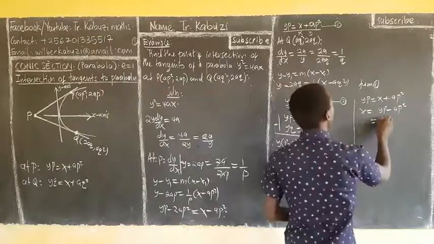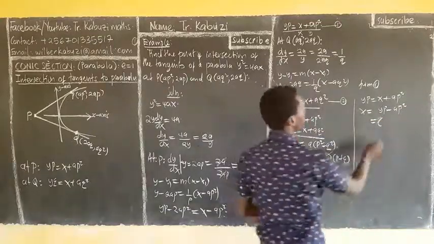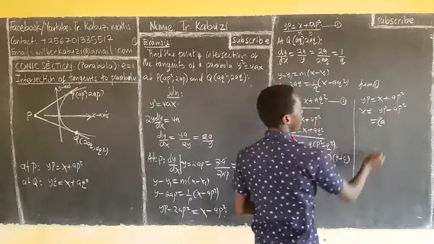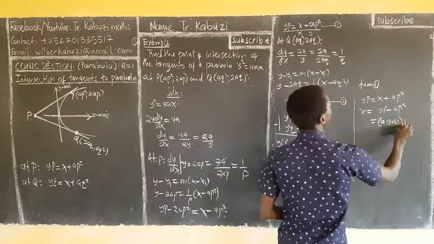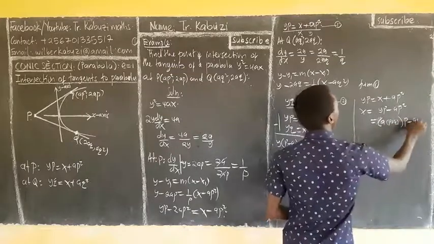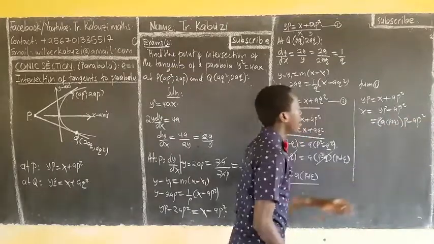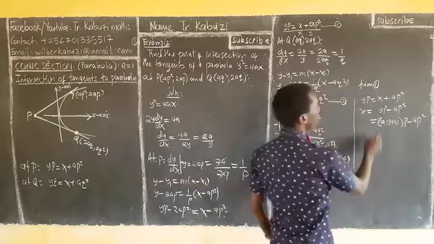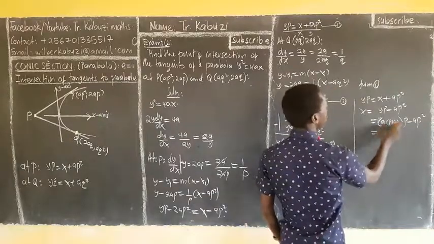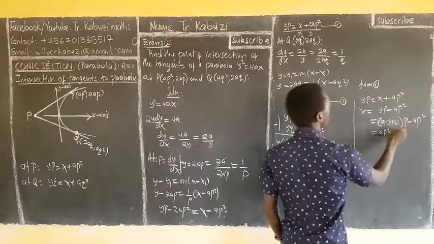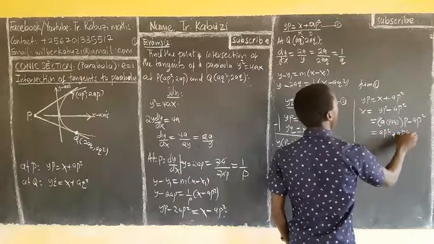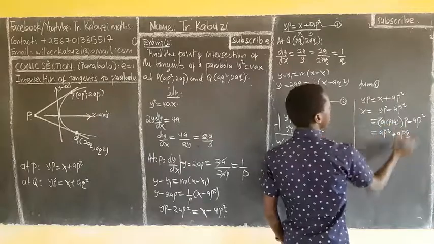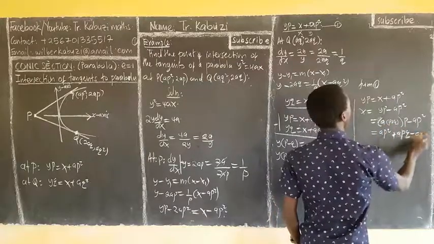Your y is a into p plus q, then times p, then minus ap squared. You can open the brackets. So when you open brackets, we have ap squared, then plus aq times p, so we have apq, then minus ap squared.